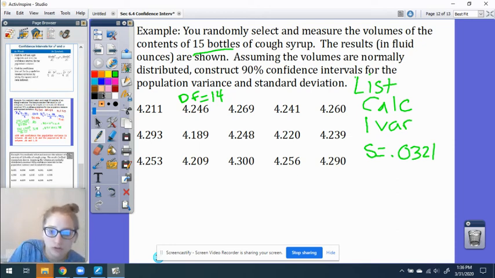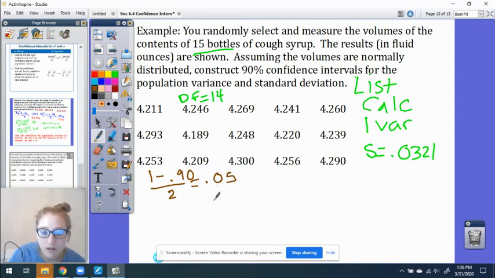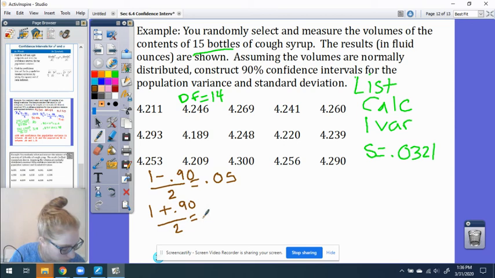Okay, so first we're gonna do 1 minus 0.90 divided by 2, and that is gonna give me 0.05. And then I'm also going to do 1 plus 0.90 divided by 2 equals 0.95.